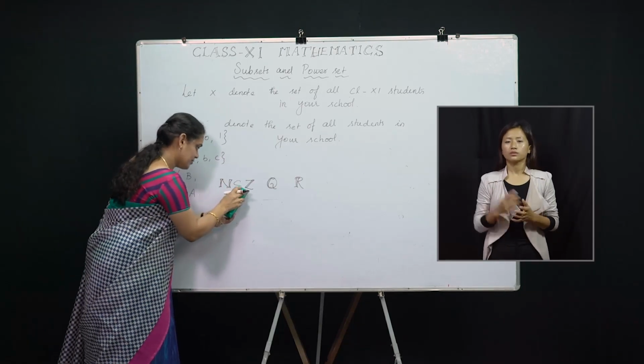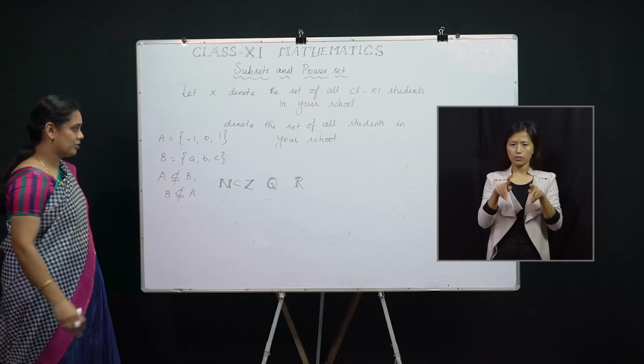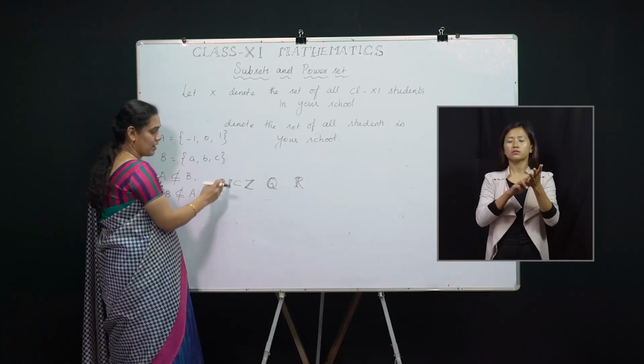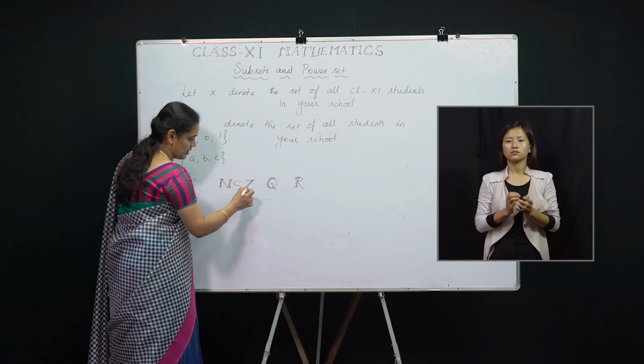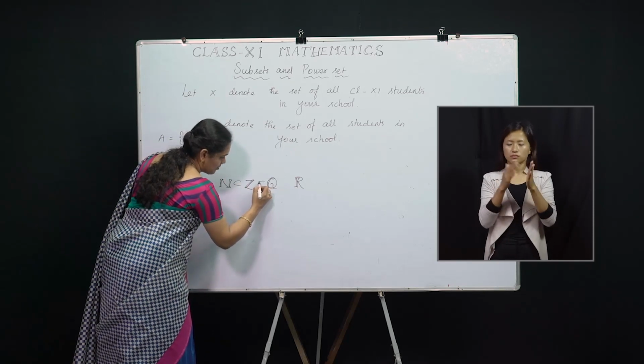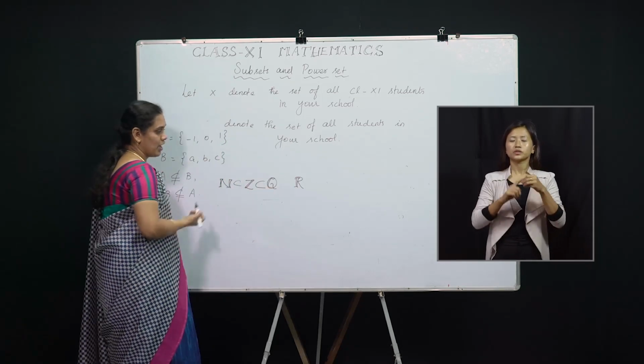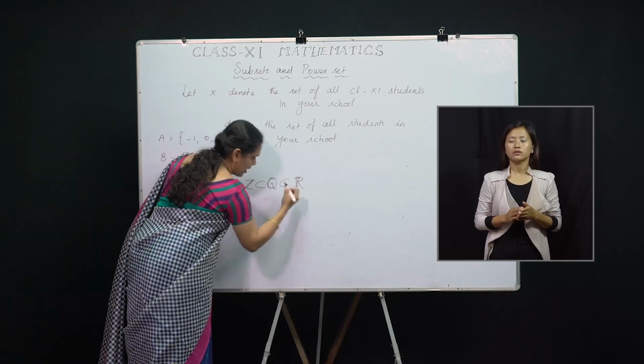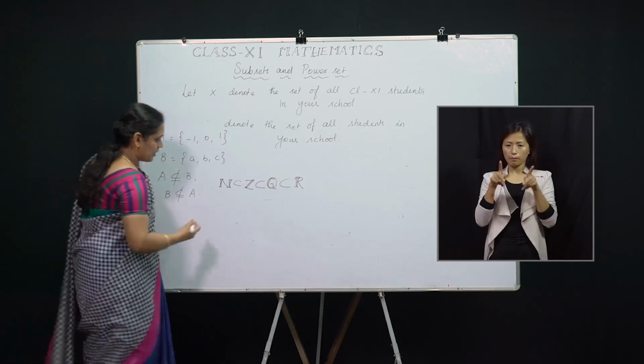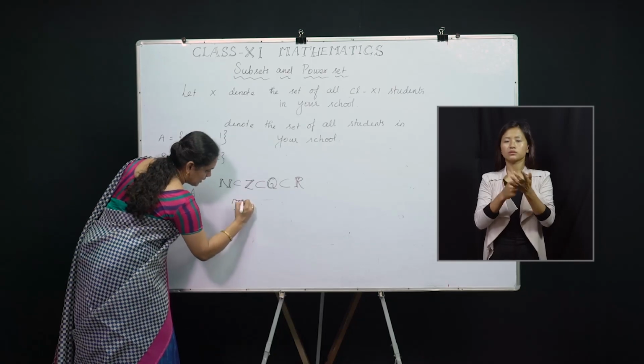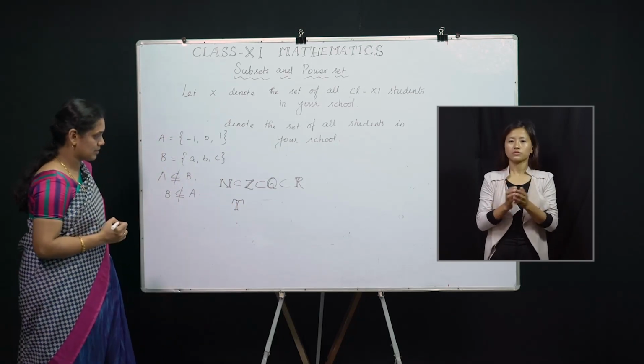Here we can use this proper subset. Yes or no? It will never be equal to Z, but it is a proper subset of Z, and Z is a proper subset of Q, and Q is a proper subset of R, right?